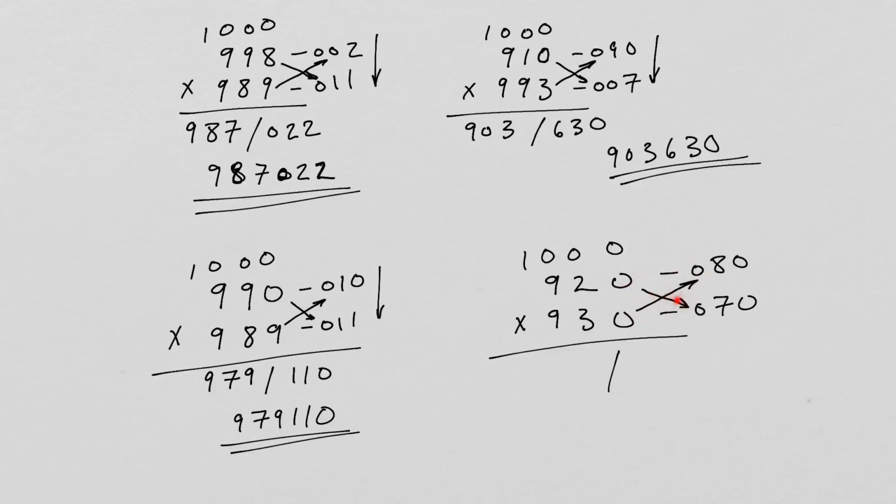If we do 920 minus 70, it's going to be the same as 930 minus 80. Either way, we get 850. And then for the right hand side, we multiply the differences. Well, 80 times 70 is 5,600.